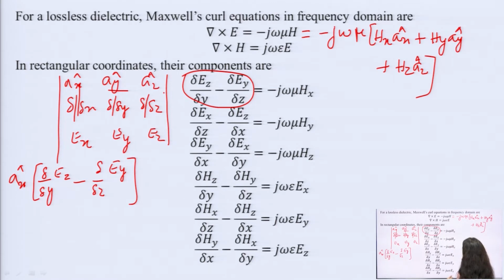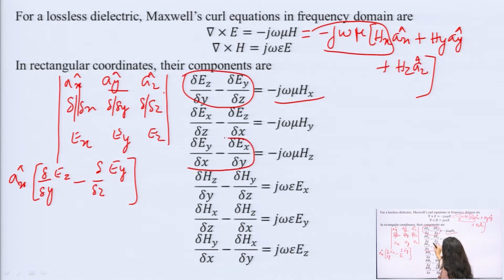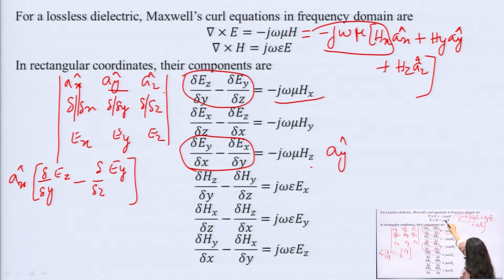So, the x component is minus j omega mu Hx. In this way we can have the expression of all of these. Similarly, the Ay component is minus j omega mu Hy, and this was the Az component, minus j omega mu Hz.